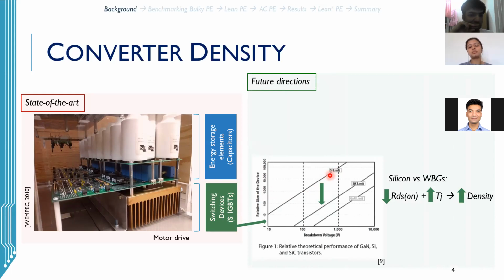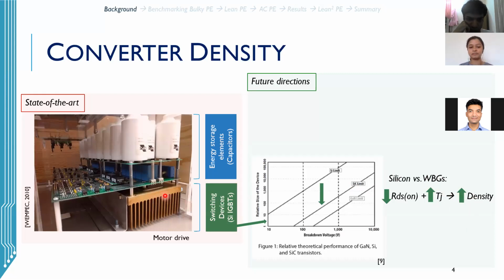As opposed to silicon, we can use silicon carbide or gallium nitride, which have intrinsic properties more suitable for power electronic applications. They can be designed with a smaller die size, which can enable lower RDS on, that is reduction in the conduction losses. In addition, they can work at a higher junction temperature, and together these two properties can help in increasing the overall density of the power conversion, and help in compressing the thermal design.